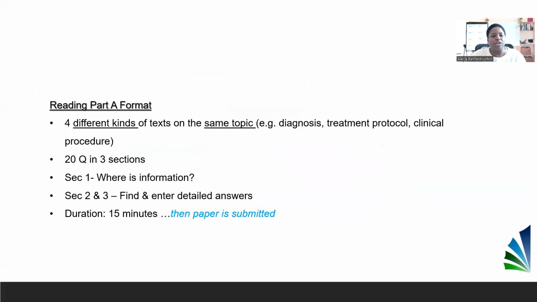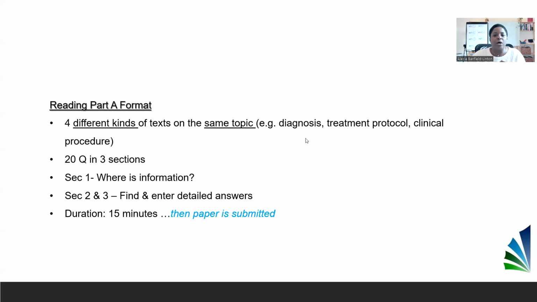Right now, let's jump right into the reading part A. So just to recap for those of you who are new to the OET, the reading part A consists of 4 different kinds of texts and questions based on them. These texts, unlike the reading part C, in the reading part A, are the kinds of texts that you will come across on the ward or in clinical practice in an outpatient clinic when you're actually dealing with a patient.